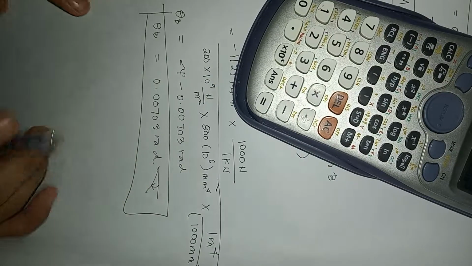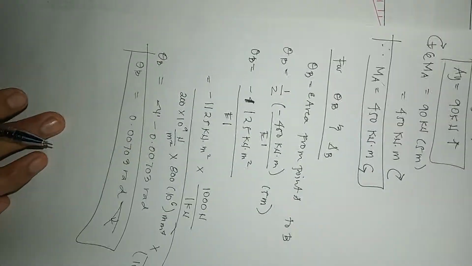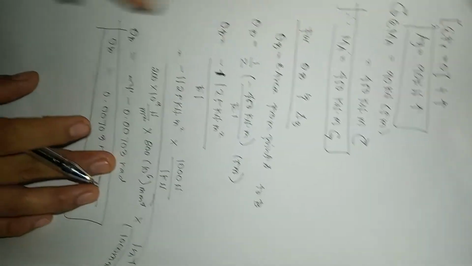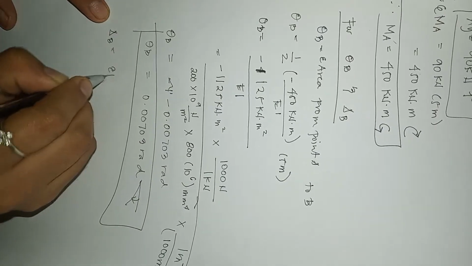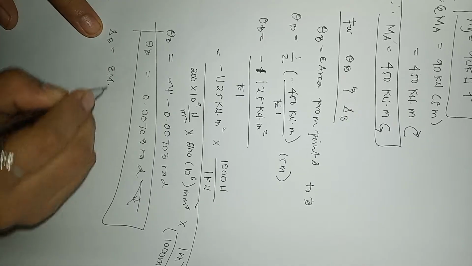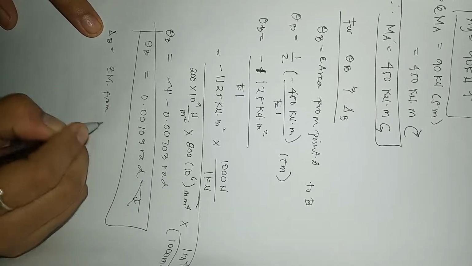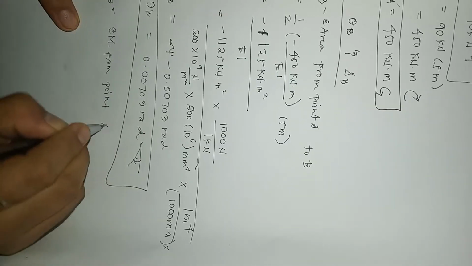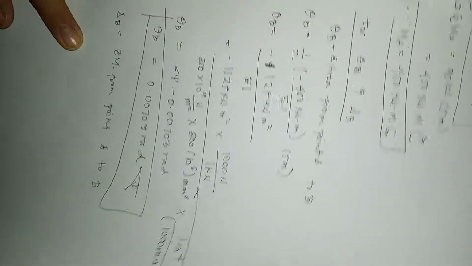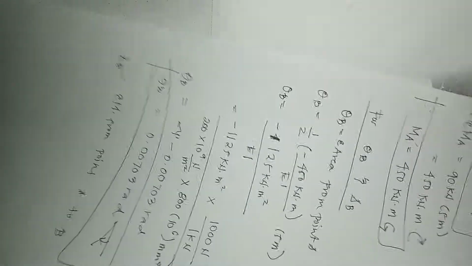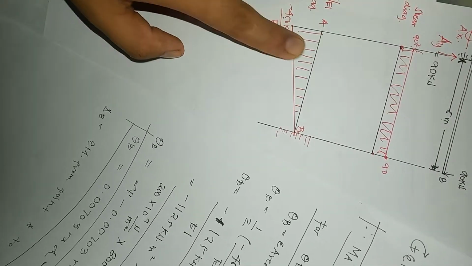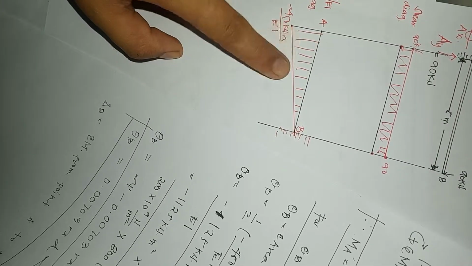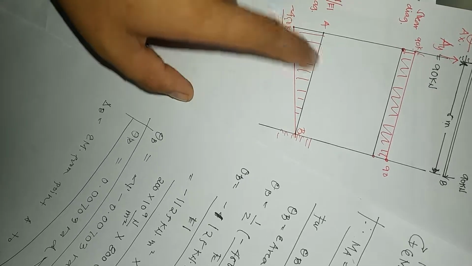So for delta, the moment, delta B is equal to the summation of moment from point A to B. So we have the moment going to here.